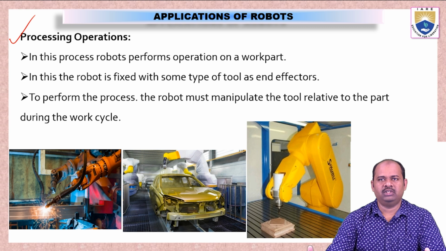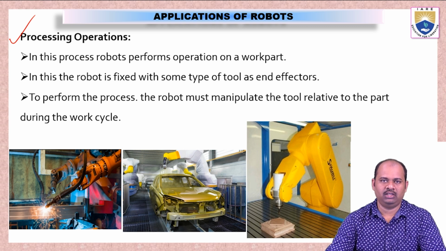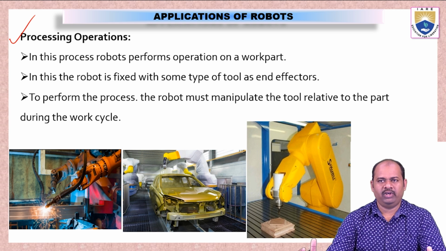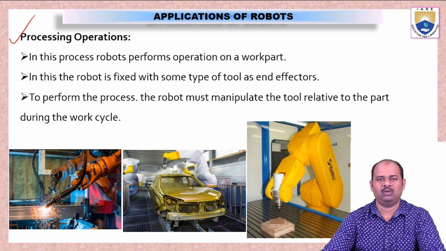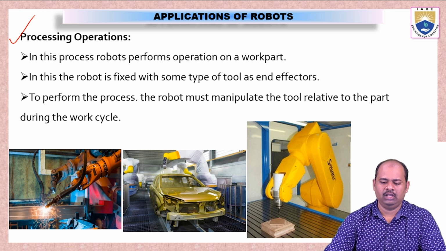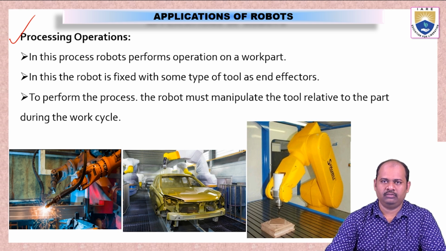To perform the process, the robot must manipulate the tool relative to the part during the work cycle. If I want to use the robot for a particular welding, the robot has to manipulate its body on its own to align itself properly. This is how robots are incorporated in manufacturing units.